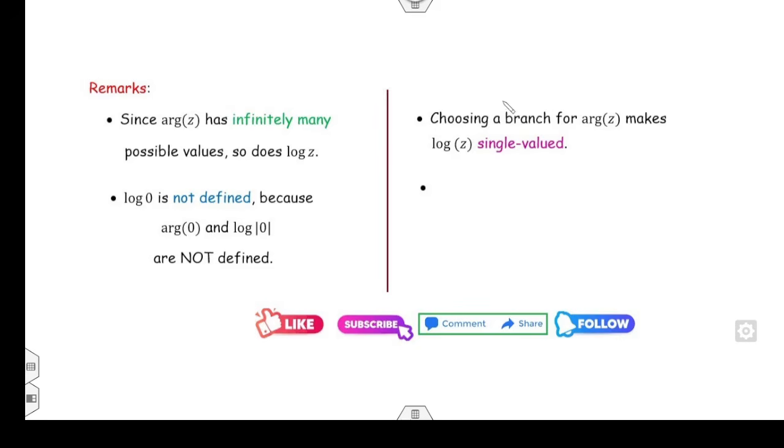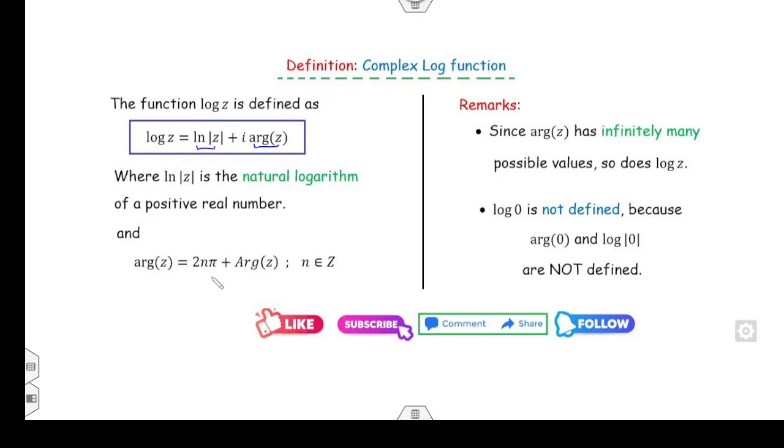Second is, we always choose the branch of the argument. Branch of the argument means, as we can see, it has infinitely many values. If you want a single value, you have to choose n as a fixed number. If you choose n as a fixed number, then we get the argument of z as a single valued function.